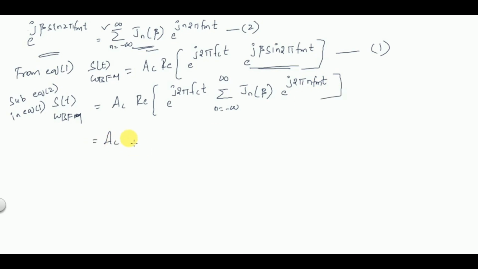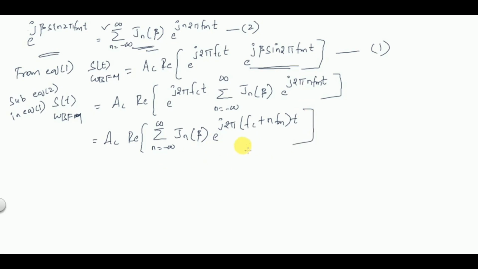So AC into real part of summation n equal to minus infinity to infinity Jn of beta into e power j, taking 2 pi common, fc plus n fm into t.